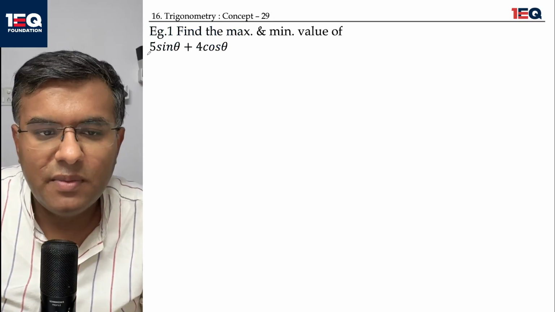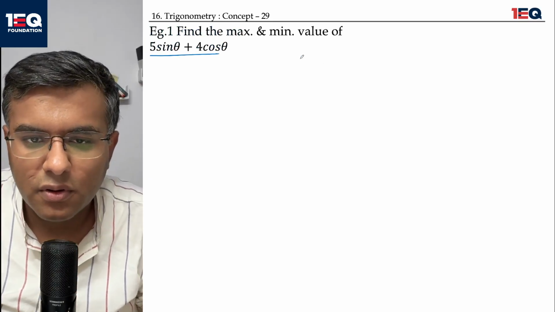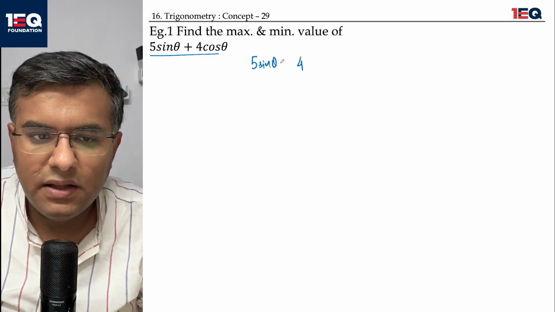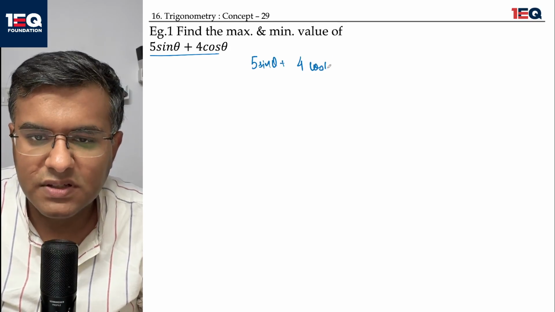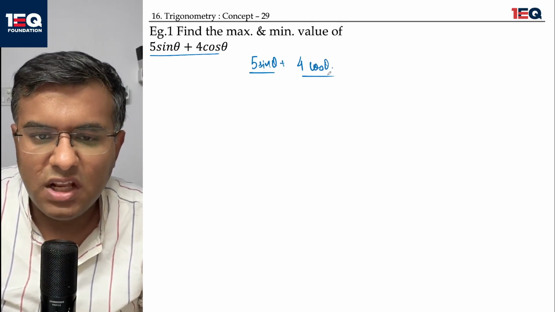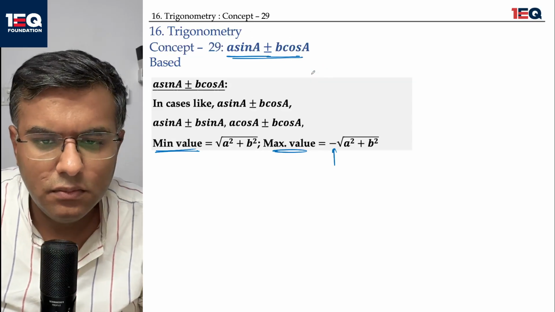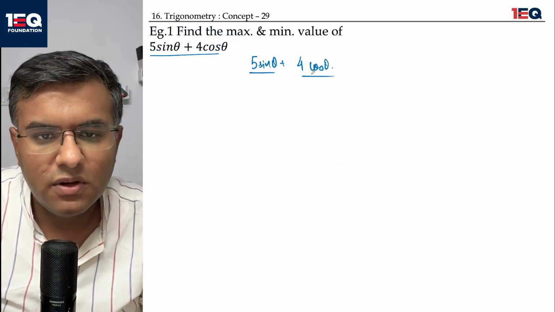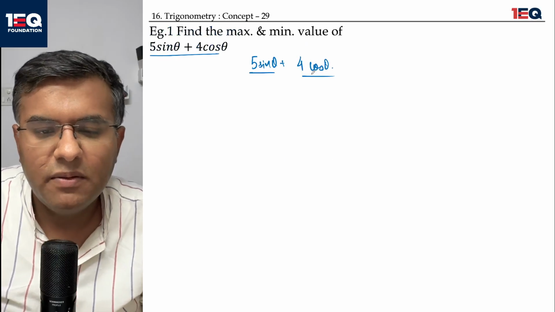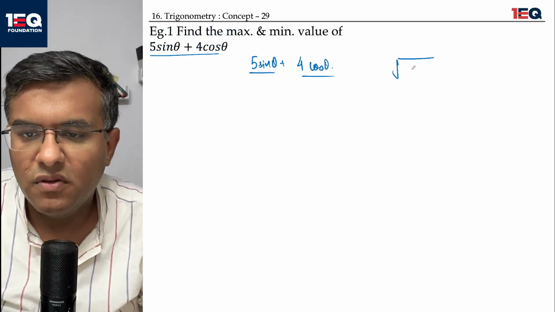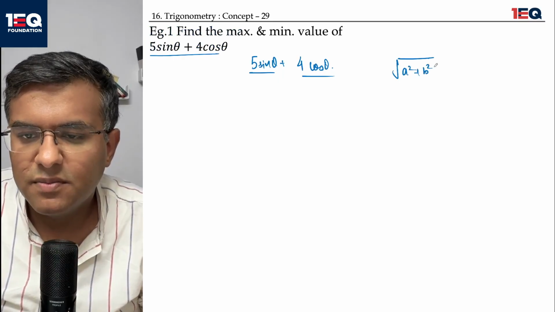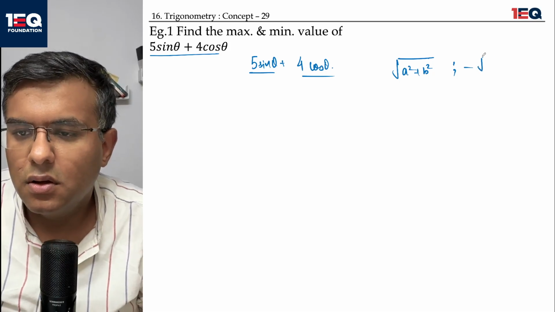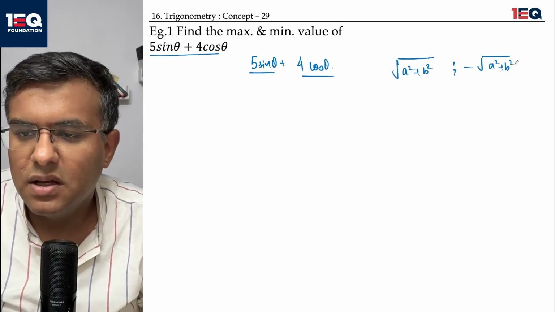So I need to find out the maximum and the minimum value of 5 sine theta plus 4 cos theta. So the 5 sine theta stands for, I need to find out the maximum and the minimum value. The minimum value is going to be root of a square plus b square, and the maximum value is going to be minus root of a square plus b square.